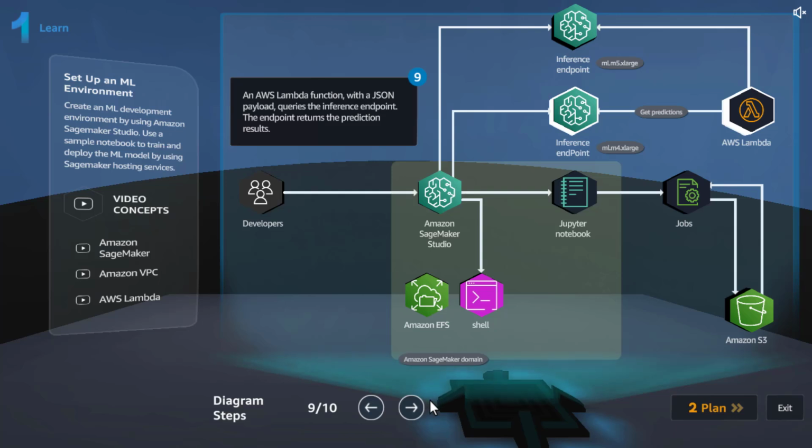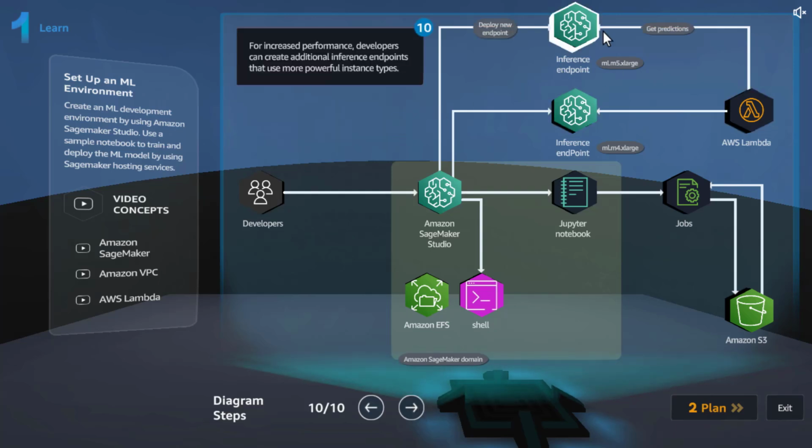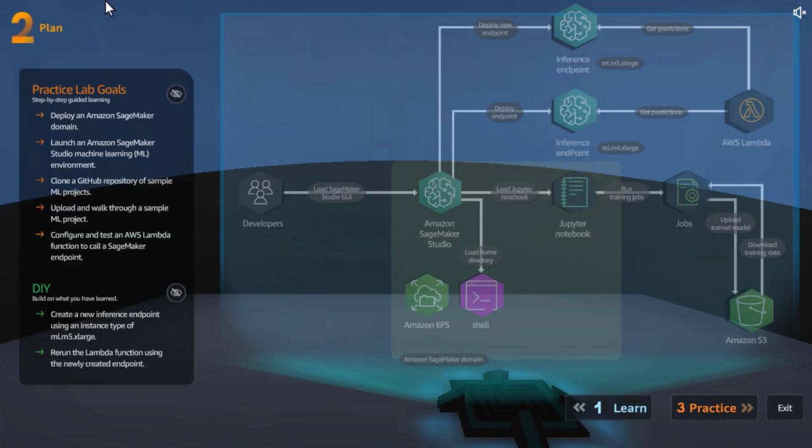Okay, nice. For increased performance, developers can create additional inference endpoints that use more powerful instance types. Okay. This is, I guess, the introduction for us, at least for me, because I have no idea what all these do.